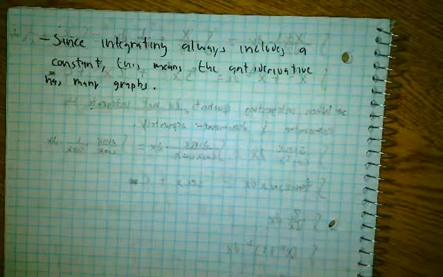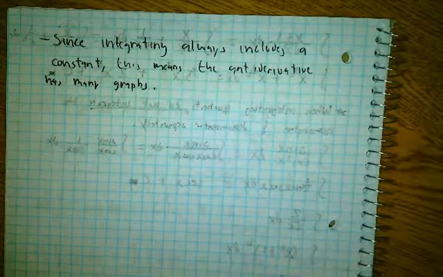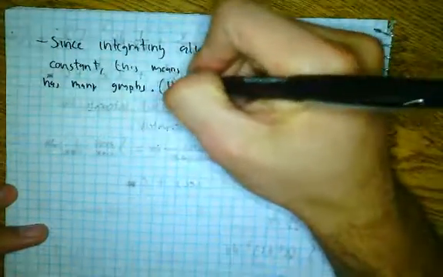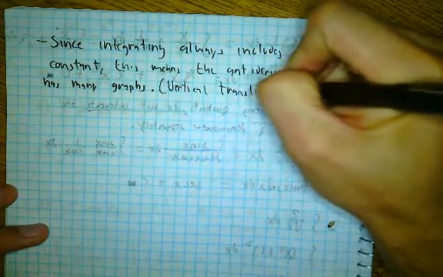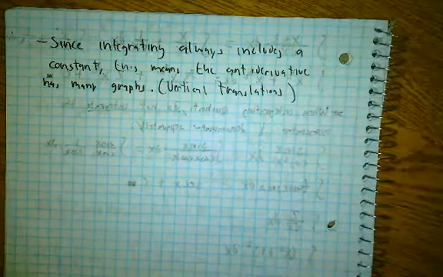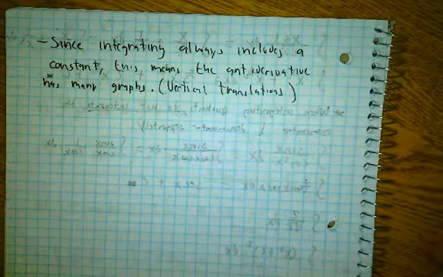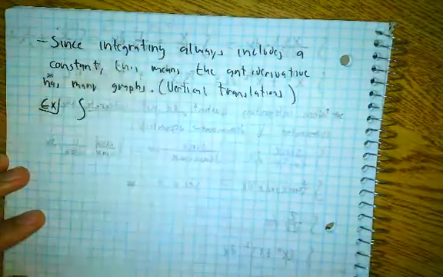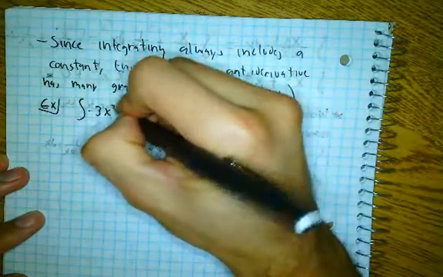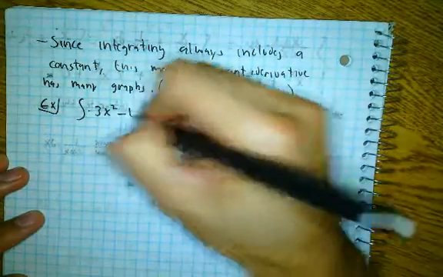If you have the antiderivative of 3x squared minus 1 dx, okay? If you take that antiderivative, what would you get? What would it be? So x to the third minus x plus c. Agreed?